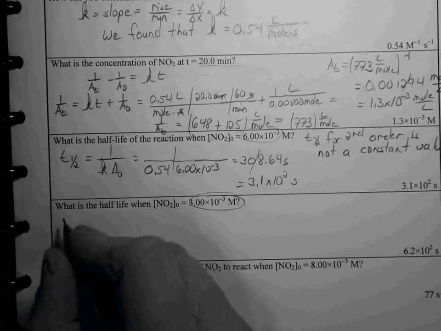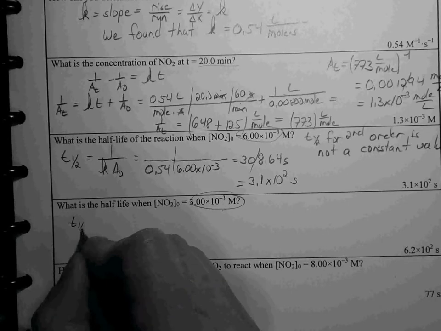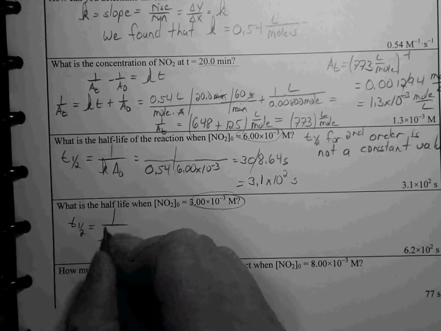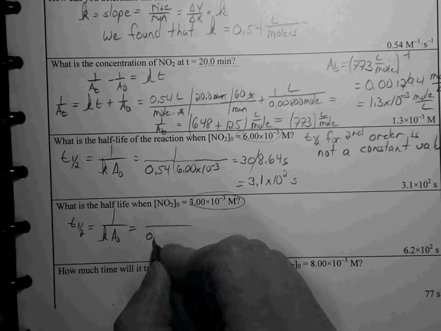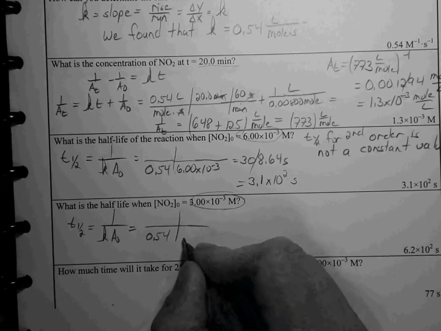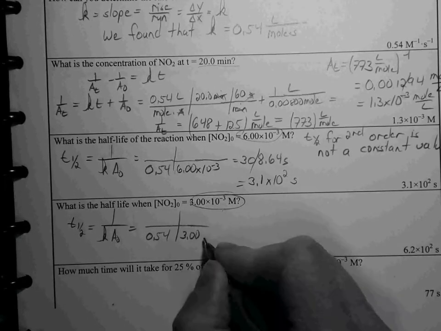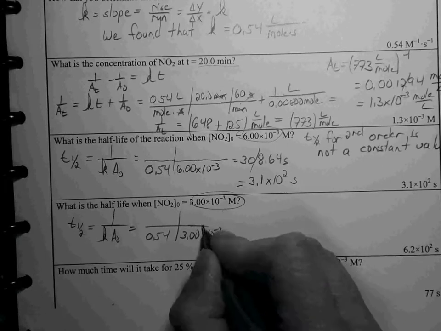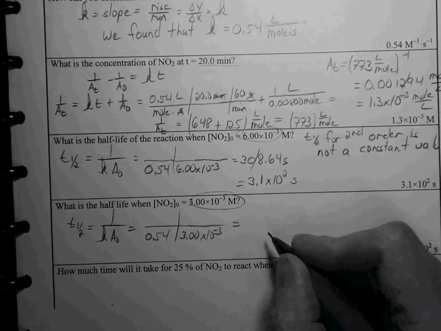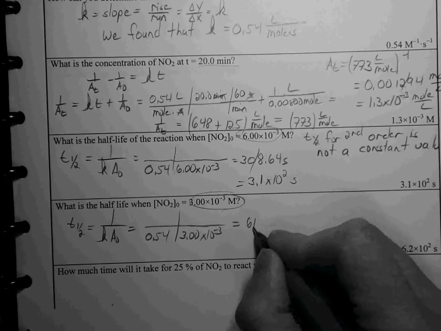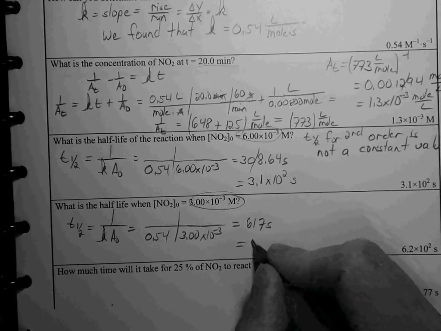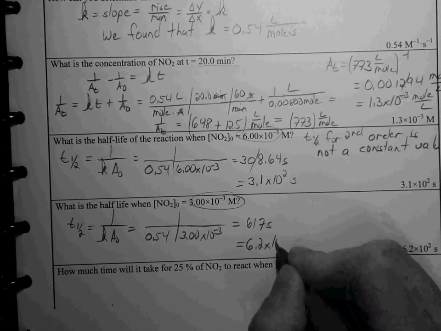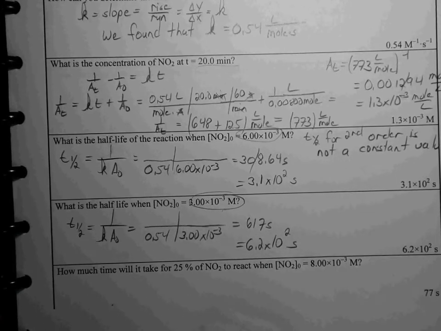So we do the same calculation but with a different initial concentration, and in this case we'd get 617 seconds, or 6.2 times 10 to the second seconds with 2 sig figs.